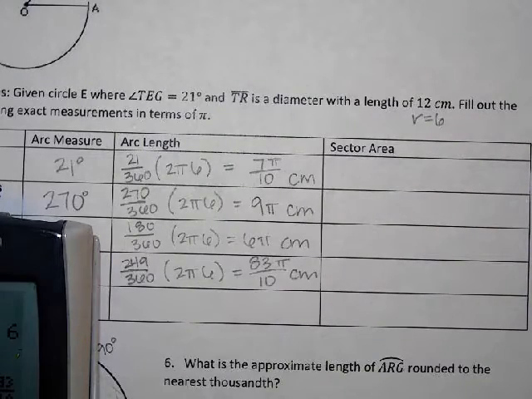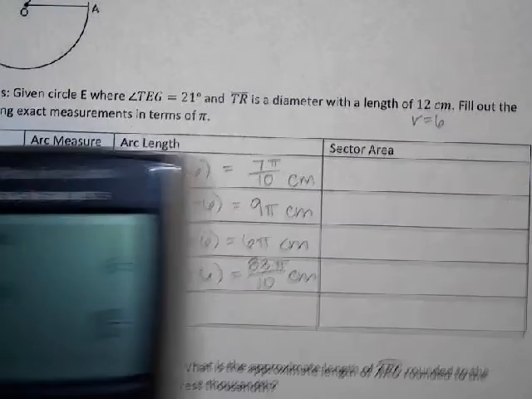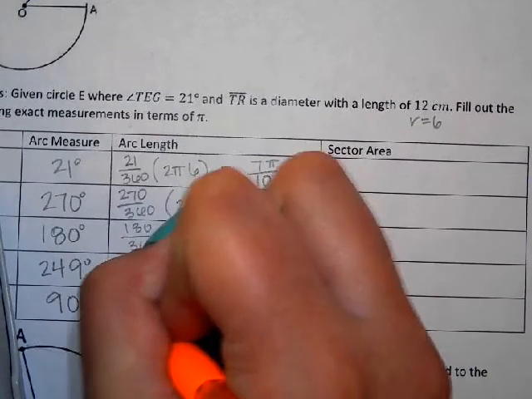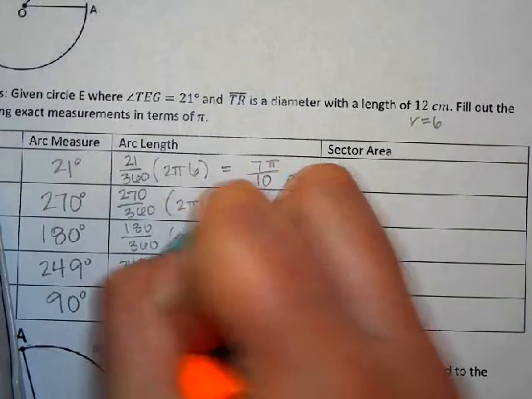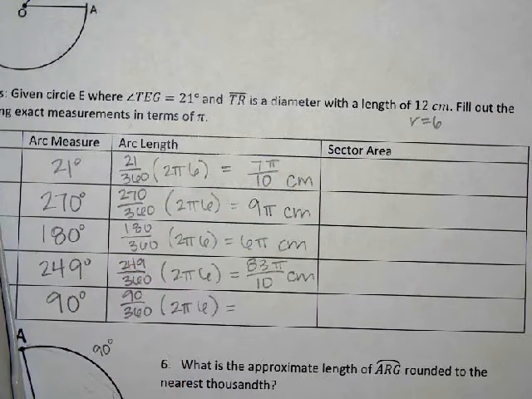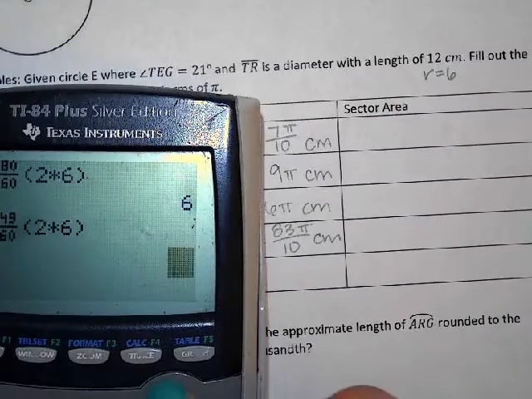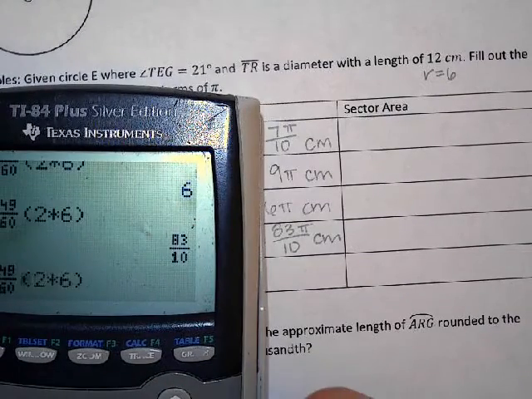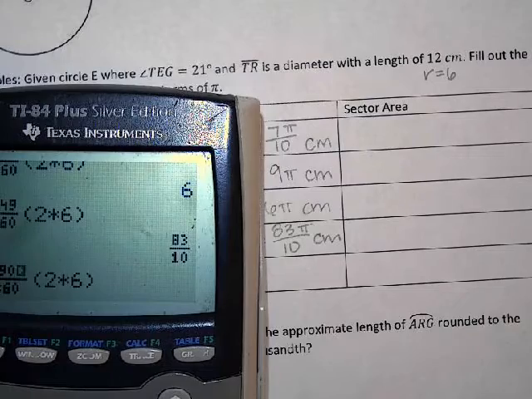And then last one is 90. Okay, 90, so just 3 pi.